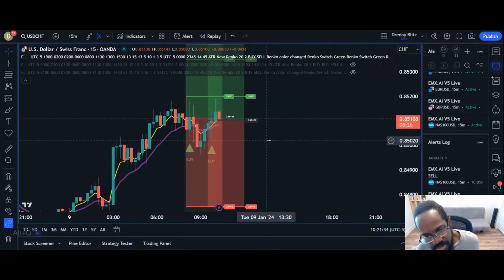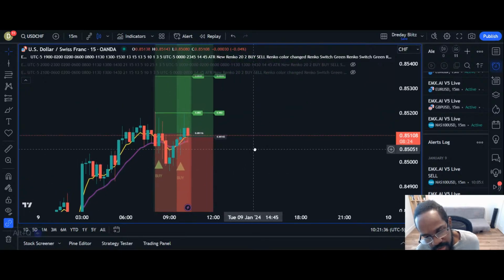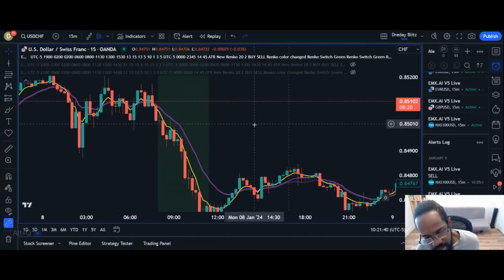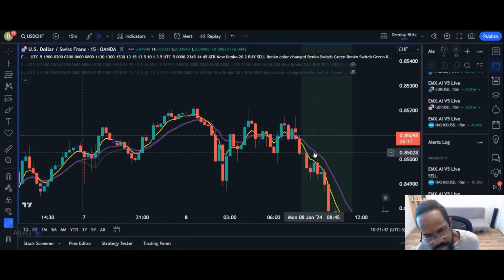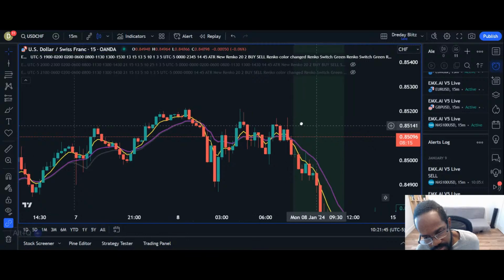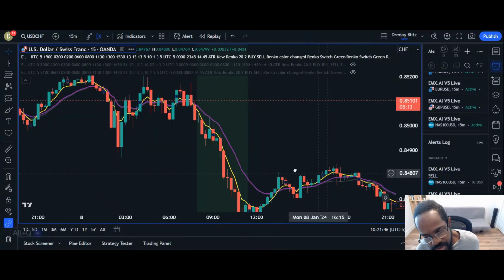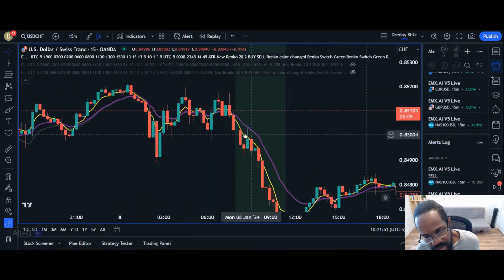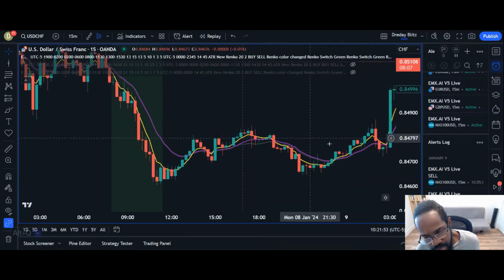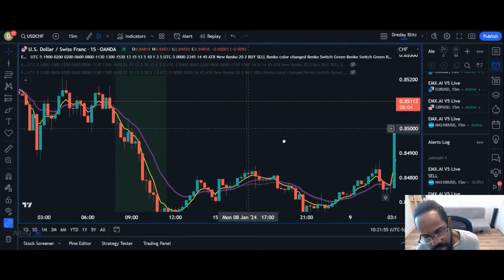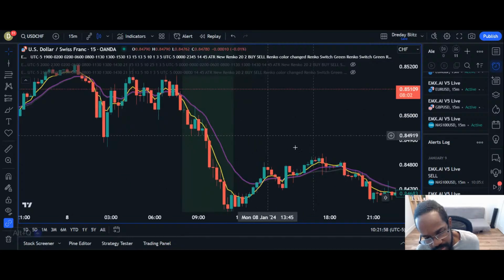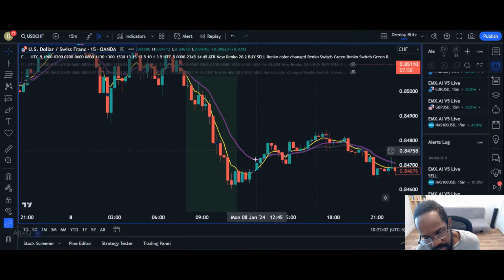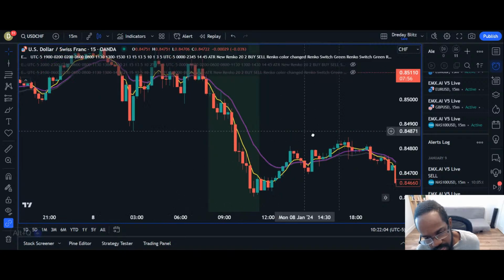And personally, I would only trade it off of the directional changes. So you're going to see an S green saying that it's switching green, and an S red saying that it's switching red. That means that we're going in a bullish market if it's going green, and if it's red, it's going to a bearish market. And to get out, you just wait until the opposite switch comes out.